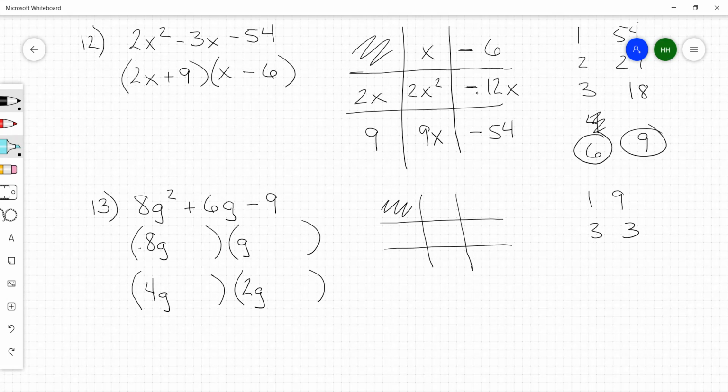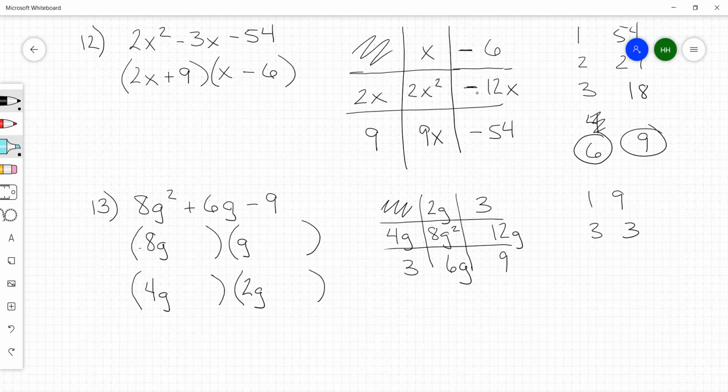So I'm going to go with the 4g and 2g. If I do that and then I go 3 and 3, I got my 8g squared and I got my 9. Let's see, this is 12g and this is 6g. Oh, there we go. The 12's got to be positive, right?